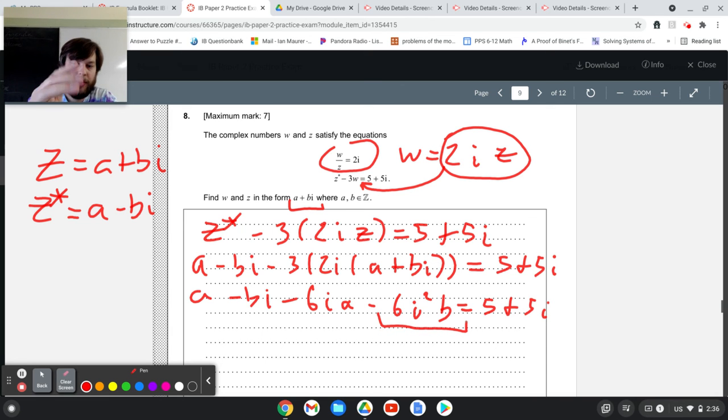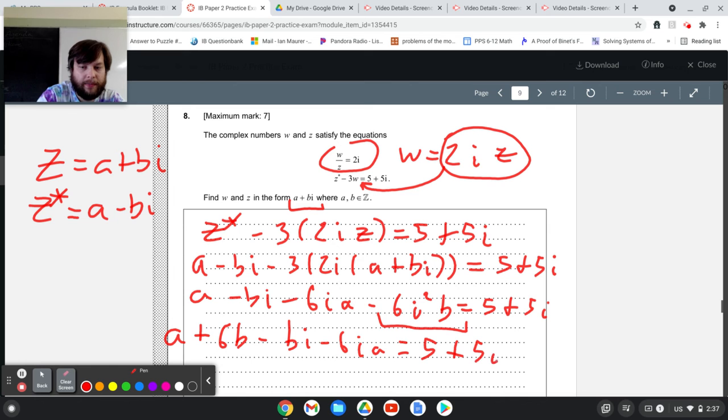I'm going to gather my real numbers together: a plus 6b, those are the real numbers. And I'm going to gather my imaginary numbers together: minus bi minus 6ia, or 6ai, equals 5 plus 5i.